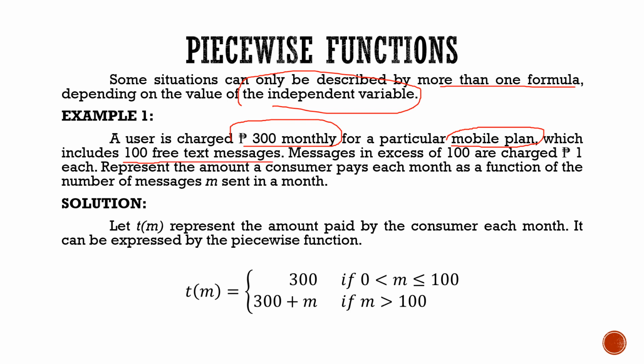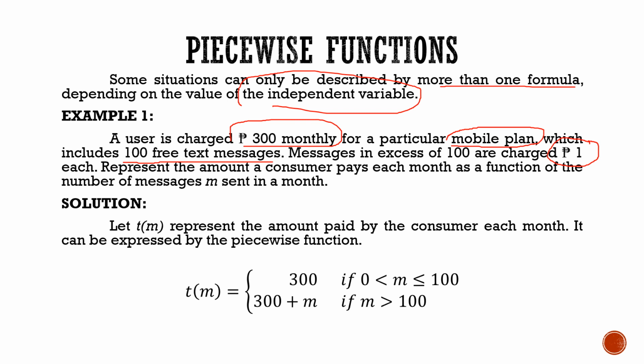Now, the next statement is, what will be the function that will represent the messages in excess of 100? What if we go beyond that 100 pre-text messages? There's a rate here, 1 peso for each of the additional text messages.